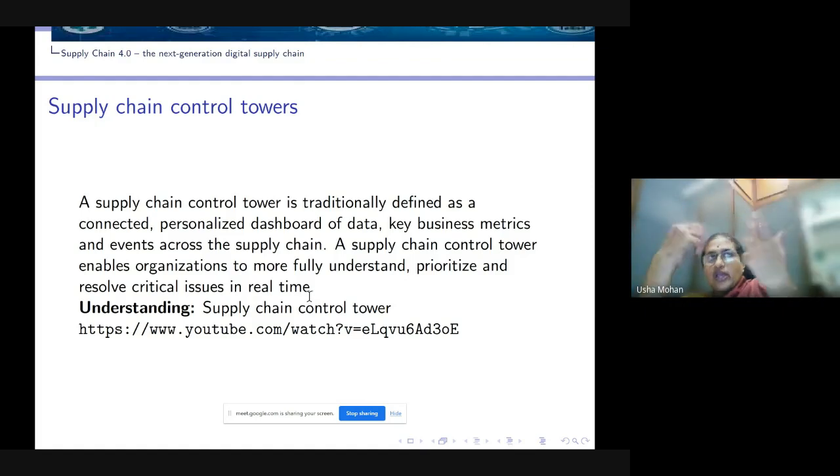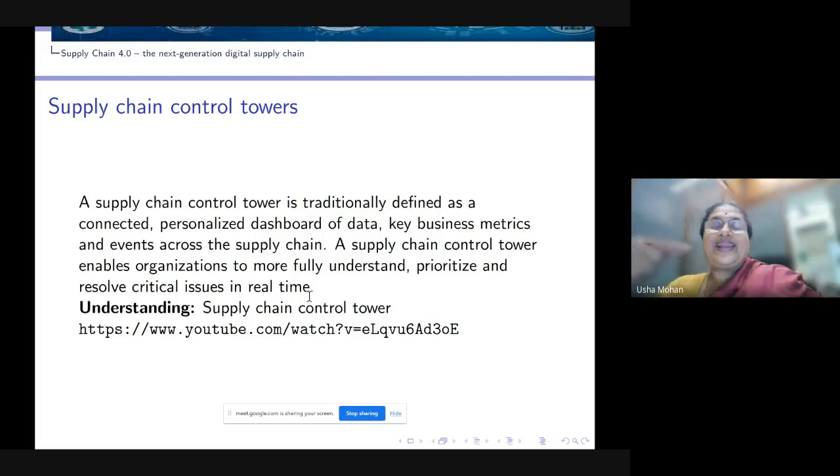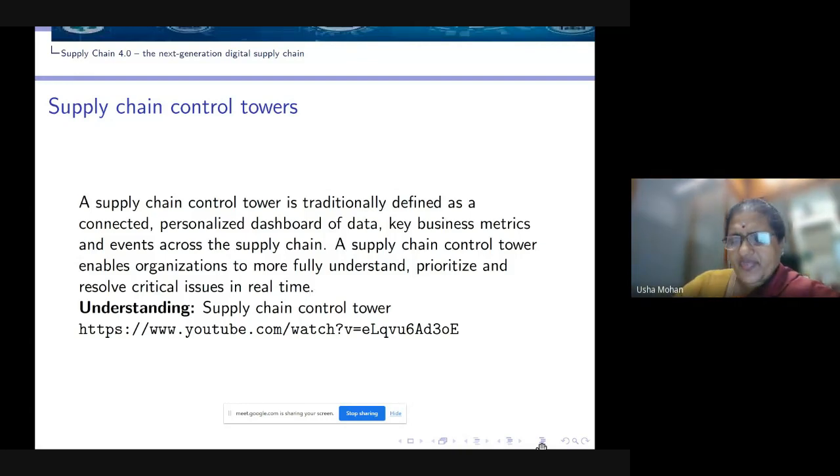If my ship is stuck at a particular level, is there a possibility for me to take at least part of the order and ship part of the order by any other mode of transport? Or can I actually, in real time, tell my customers that this is the delay they can expect, rather than keeping on telling them and dynamically changing my entire delay time?